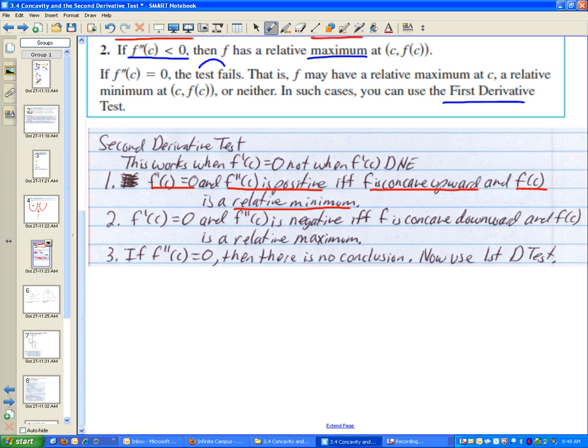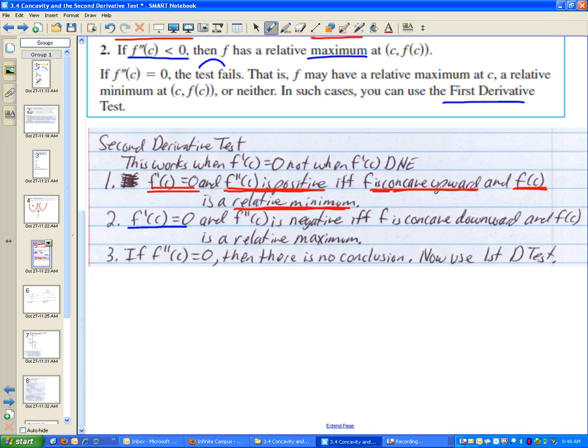I can turn all that around. If there's a relative minimum at c and the graph is concave upward, that means the second derivative is positive and that the first derivative equals 0 there. Okay?